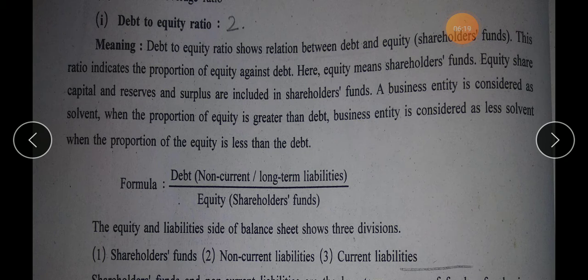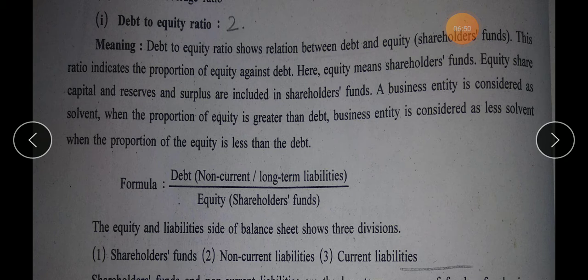Yes, the balance sheet has two sides, a liabilities side and an assets side. On the liabilities side, the very first thing is shareholders' funds, that is equity share capital, reserves and surplus, etc. The next thing that you have is non-current liabilities, then current liabilities.